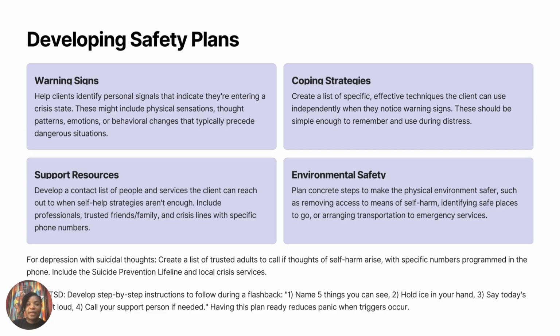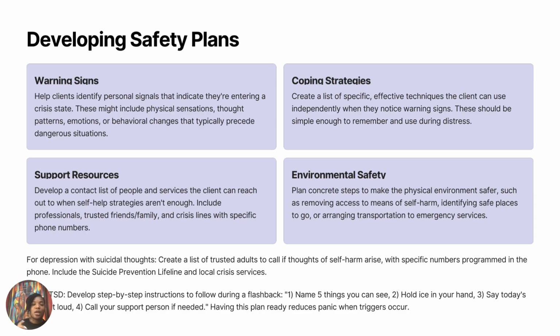Developing safety plans is crucial, because you help the client to identify personal signals that they're entering a crisis state. Also, you create a list of specific techniques, coping strategies that they can use independently when they notice these warning signs.